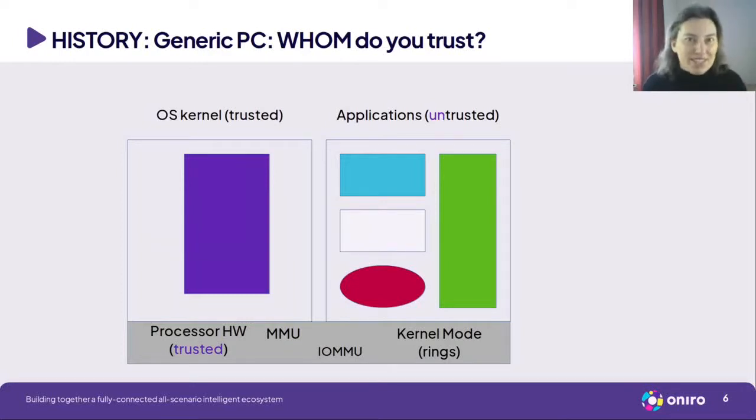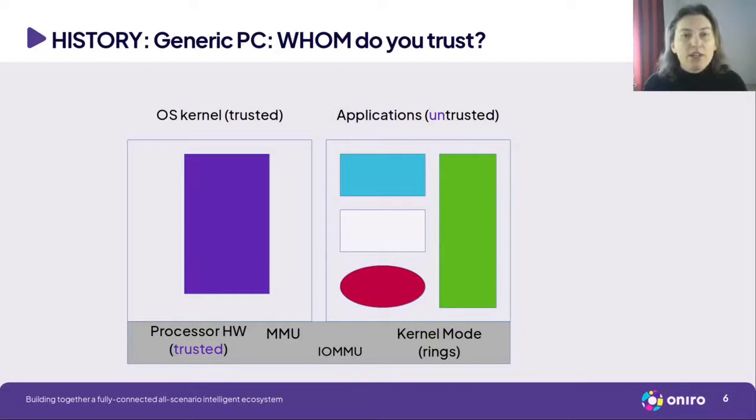Whom do you trust in a traditional PC? You have processor hardware that you are expected to trust, that offers some security features like IOMMU or the kernel mode and user mode, often called execution rings.